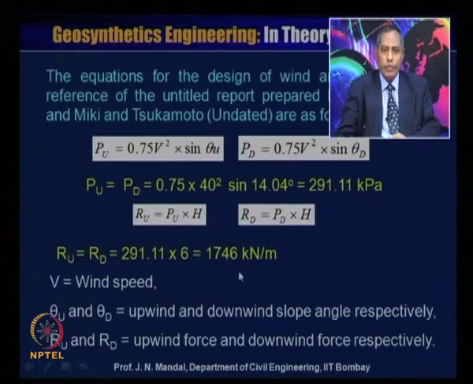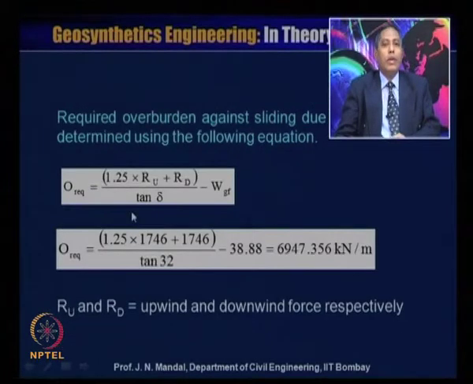So, 1746 plus Rd, also the same, 1746, divided by tan 32 degree, since the delta value given is 32 degree, minus the weight of geofoam, 38.88. So, this will give O required as 6947.356 kilonewton per meter. Okay, where Ru and Rd are the upwind and downward force respectively.